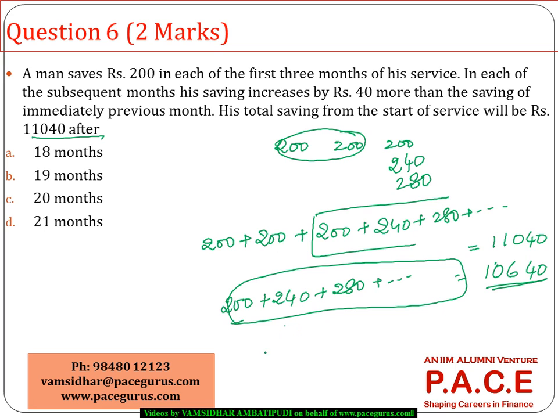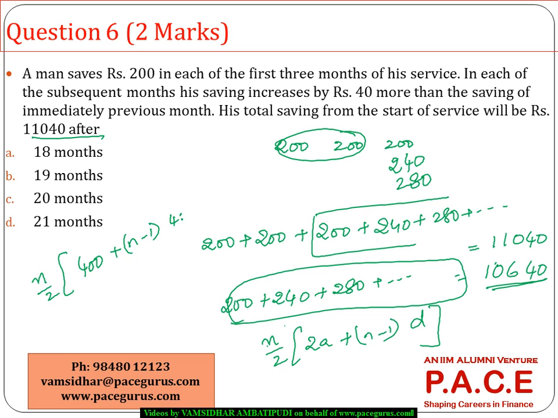So sum of n terms of an arithmetic progression is n by 2 into 2a plus n minus 1 into d. We have seen that formula. So in this case I'll take n by 2 into 2a is 400 plus n minus 1 into d is 40, the common difference.